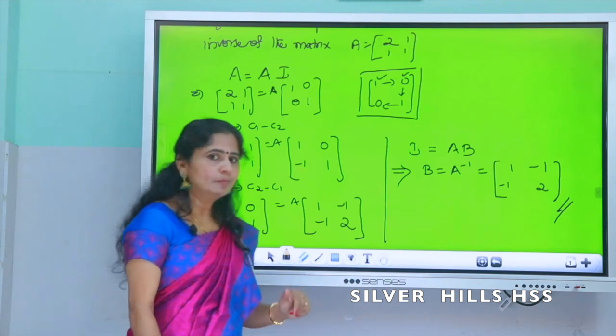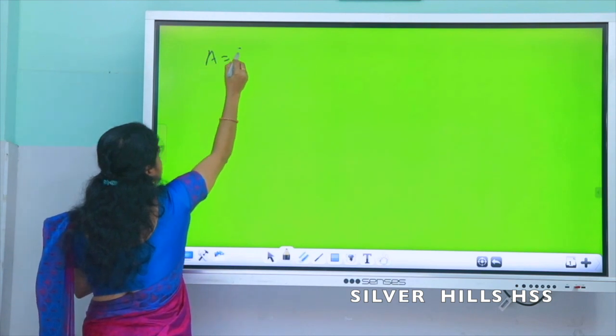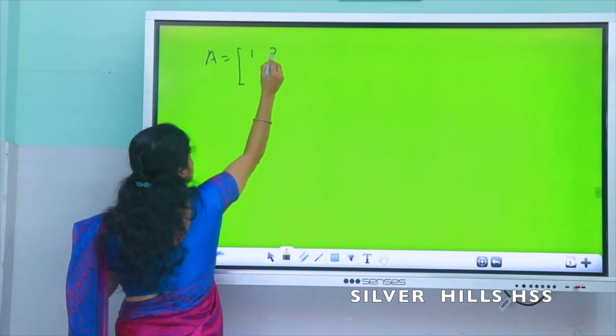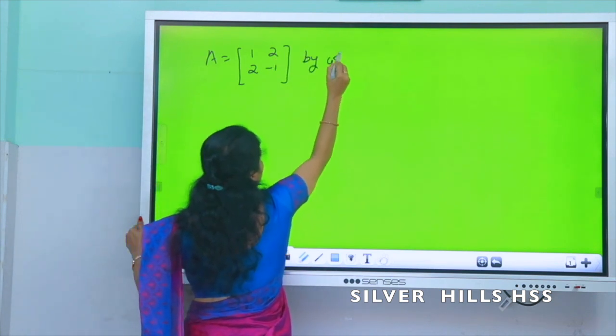And let's do one more problem using the column operation. A is equal to 1, 2, 2, minus 1, by column operation.